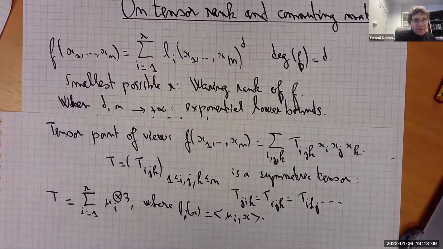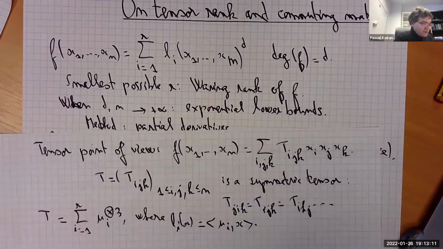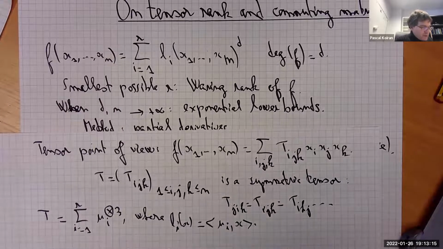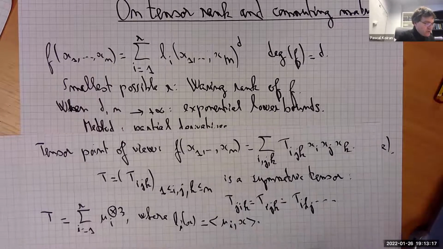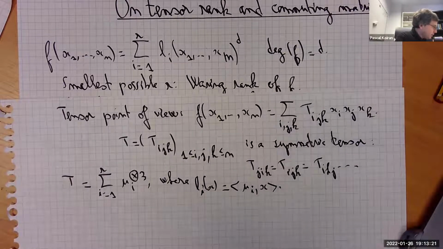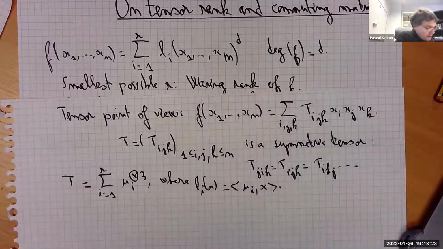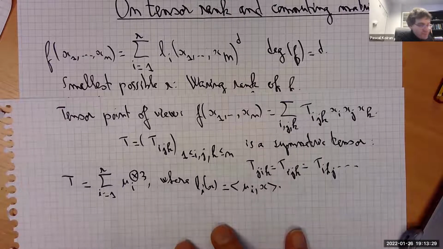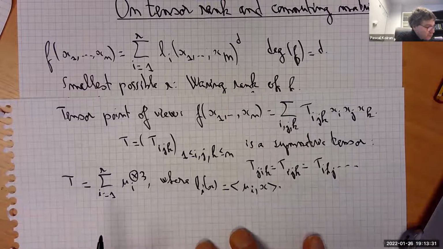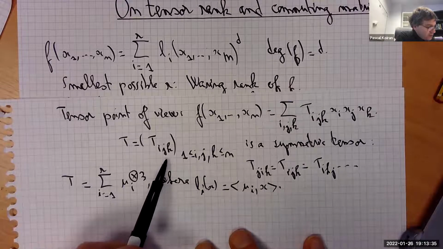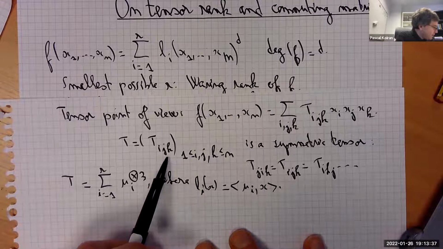One reason why this tensor point of view is useful is that you can start using methods of linear and multilinear algebra. In this talk, I'll just do some linear algebra, and one way to do this is to cut the tensor into slices. You fix any of the 3 indices, and you get a matrix. So you have n slices.